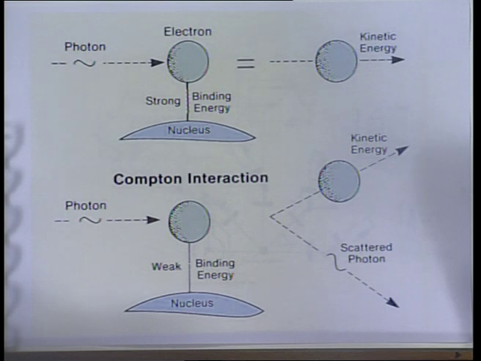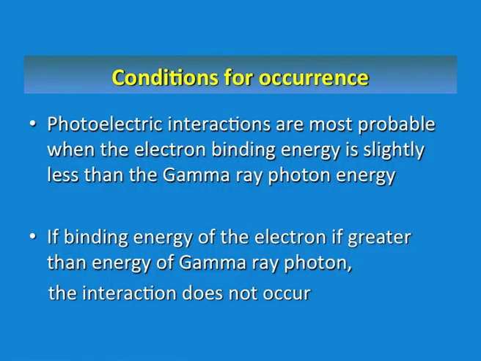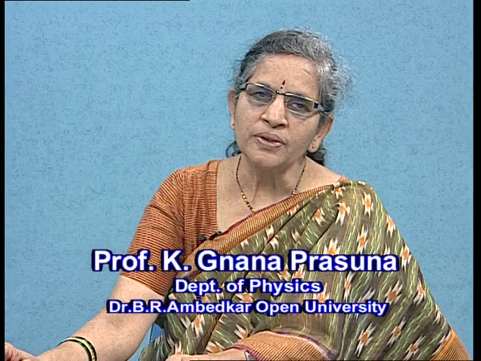If the binding energy of the electron is greater than the energy of the gamma ray photon, the interaction does not occur.